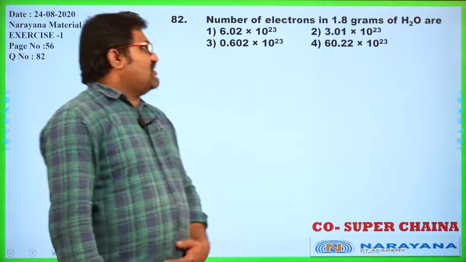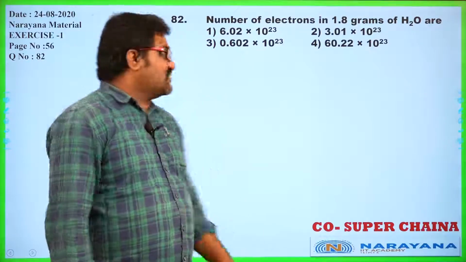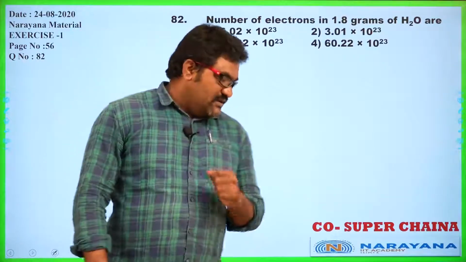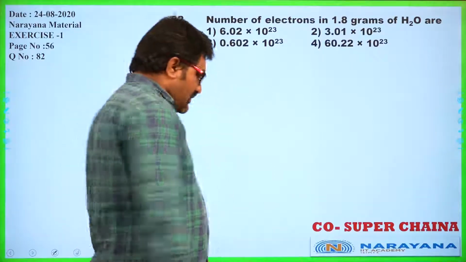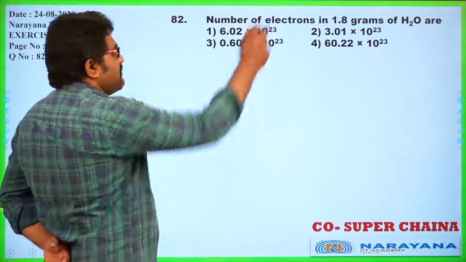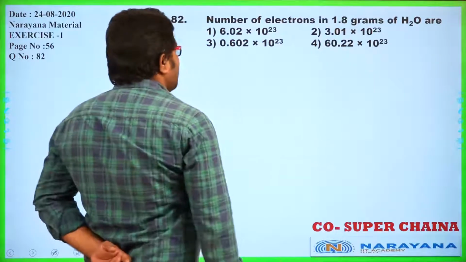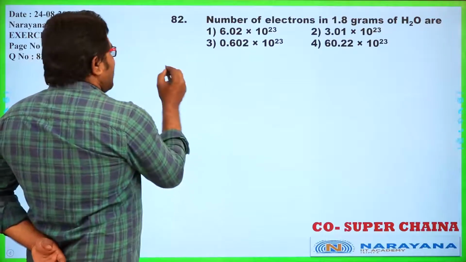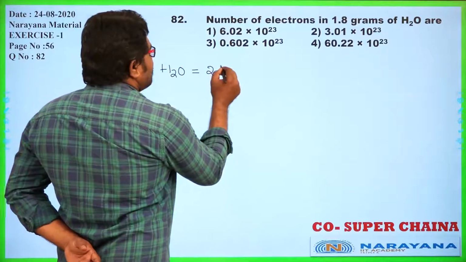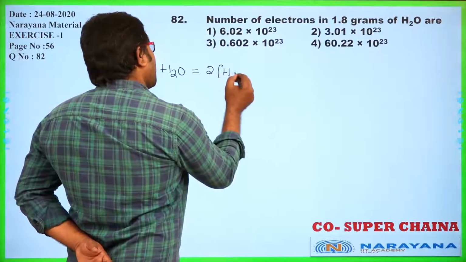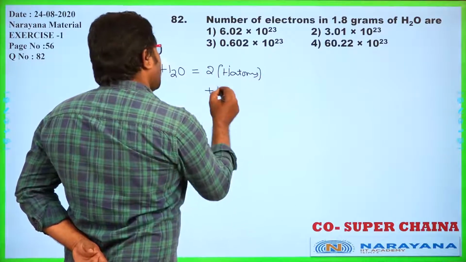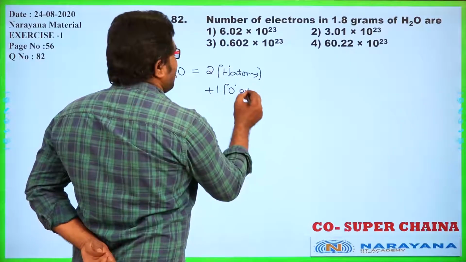Number of electrons in 1.8 grams of H2O. This is also question number 82 from our material, from exercise 1 itself. See here, number of electrons in 1.8 grams of H2O. First of all, in H2O molecule, 2 hydrogen atoms and 1 oxygen atom are there.